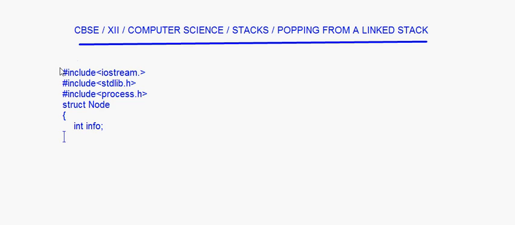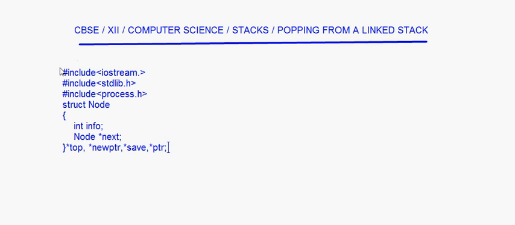Int info, node pointer next, this is the link, and then you have to take pointers top, new PTR. Actually, new PTR and all this is for the creation of the new node.